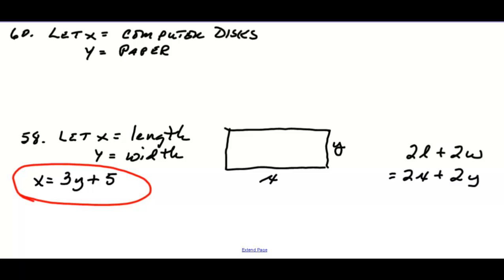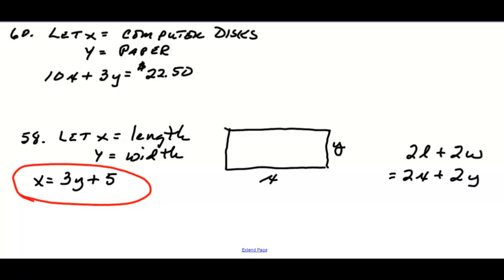The cost of an order of 10 computer disks, 10x, plus 3 packages of paper, 3y, happens to be $22.50.